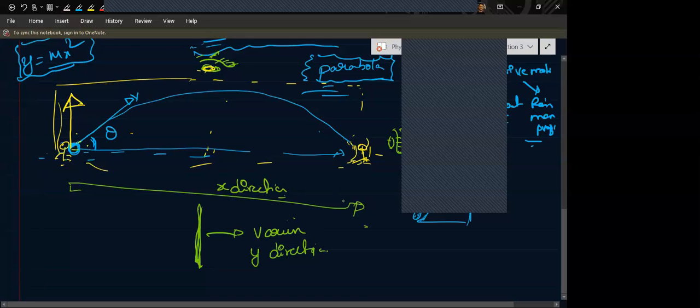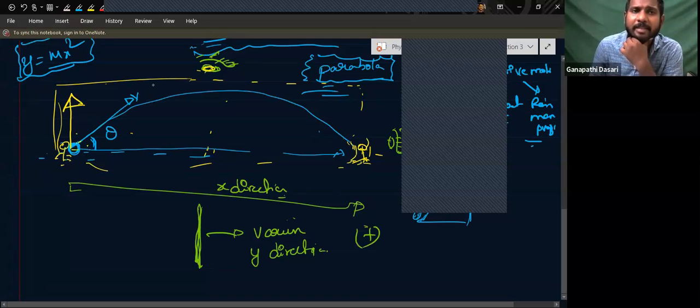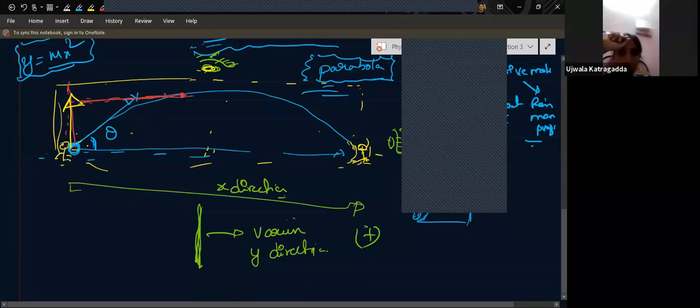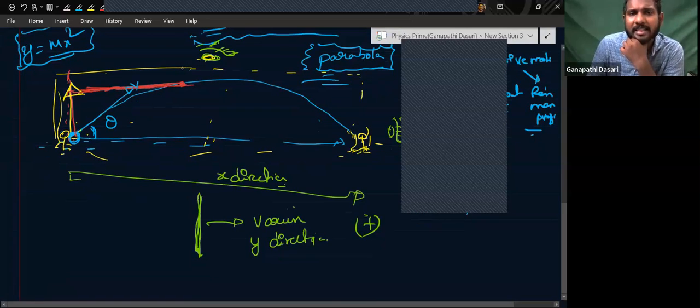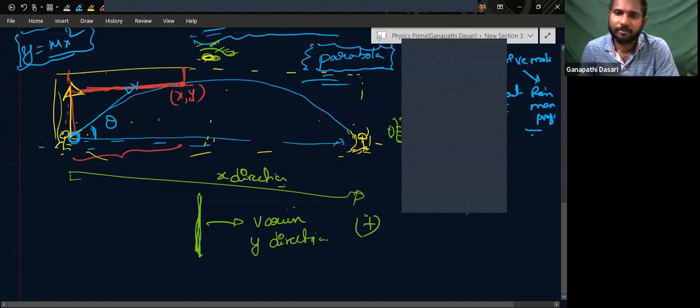If we combine both of them in a proper time frame, and why I am telling time frame is, suppose from Varun's point of view the particle is at this height. When Varun is watching the particle at this height, Ujjwala can see the particle at this horizontal length. There will be a proper x comma y for it. For a given x, there will be a fixed y, isn't it?